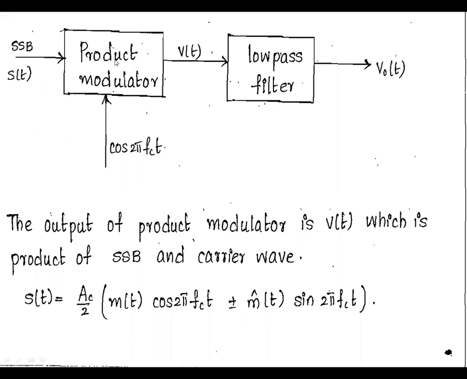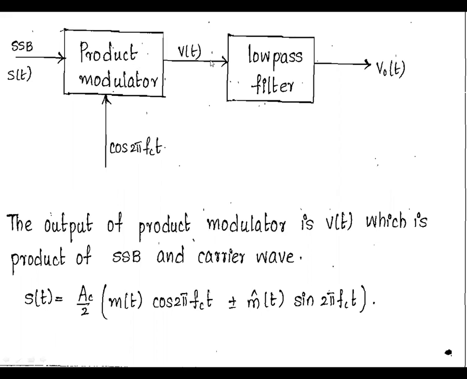The SSB signal is generated at the transmitter side, propagates through a channel, and is received at the receiver end. At the receiving end, you use the product multiplier. One input is the SSB signal from the transmitted signal, and another input is the carrier cos 2 pi f c t. This signal is given to the product multiplier.